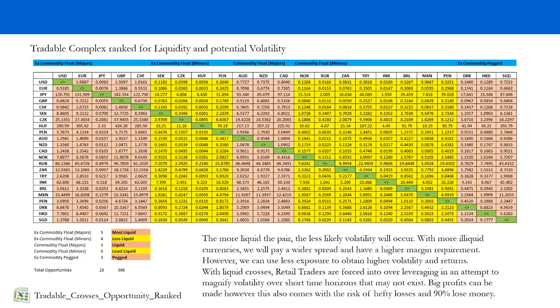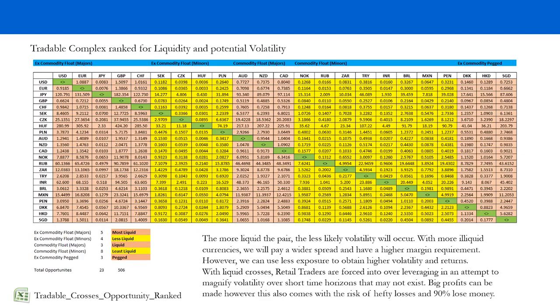And this reduces volatility overall. It's kind of the opposite to the way retail traders think. A lot of retail traders think that it's good to go and trade the liquid currencies because they have less risk, but risk is subjective, especially if you're leveraging 100 times in that asset to try and capture volatility that doesn't really exist. So generally speaking, the more liquid the currency pair, the less likely volatility is going to occur.